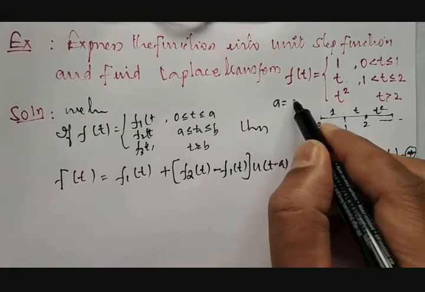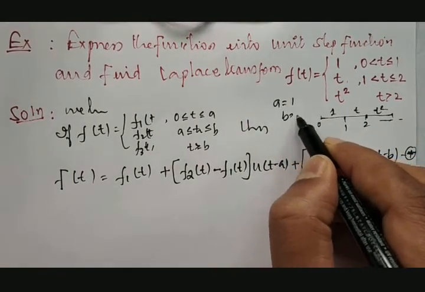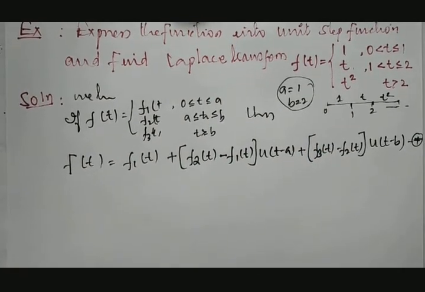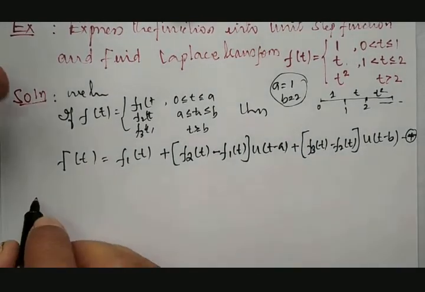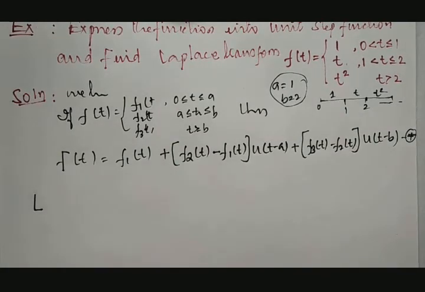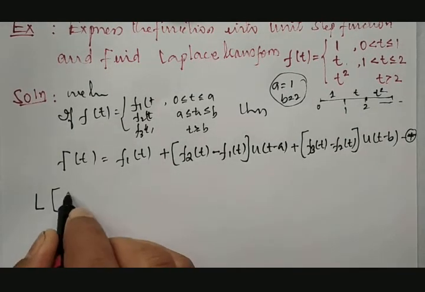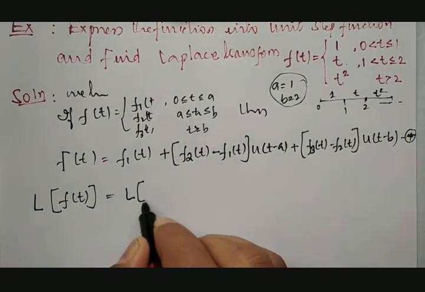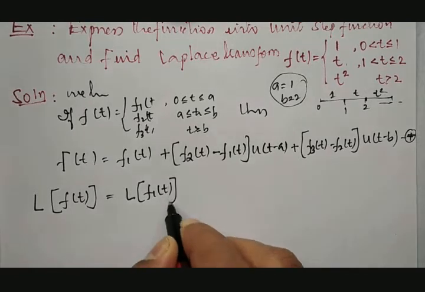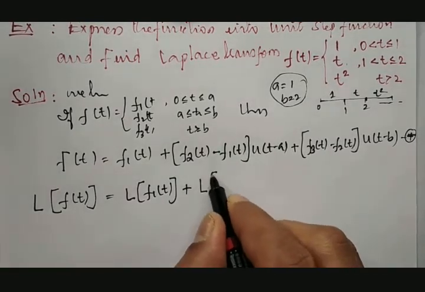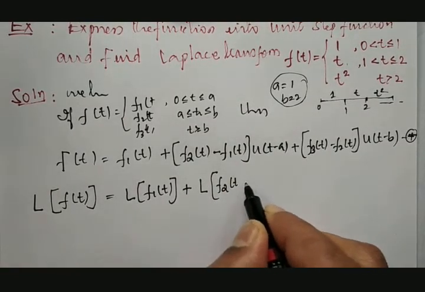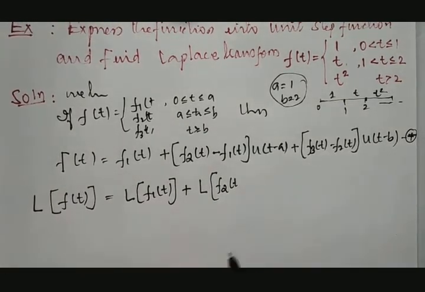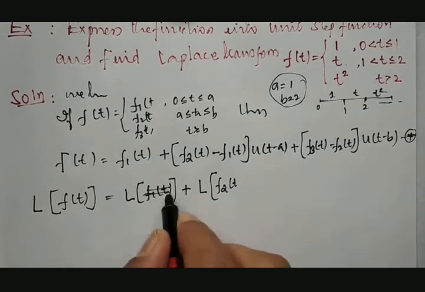But here a is equal to 1 and b is equal to 2. Fine. So apply Laplace on both sides. Better we will substitute the values directly.